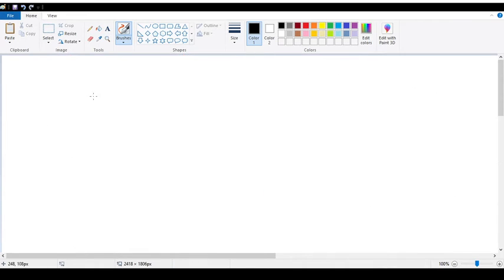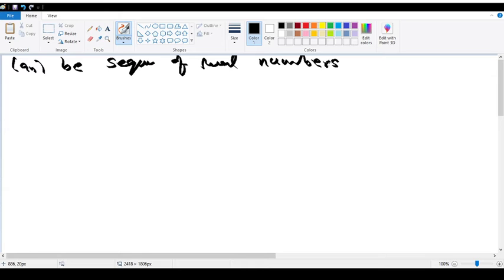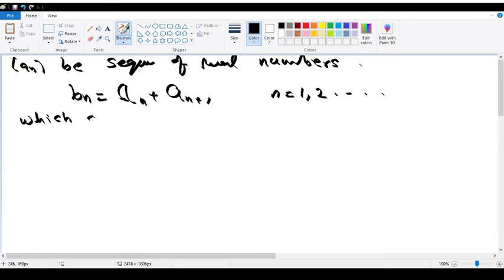Next question. An and Bn are sequences of real numbers, Bn equal to an plus an plus 1, n equal to 1, 2, etc. Which of the following is true?